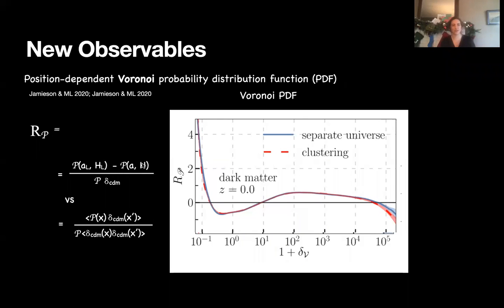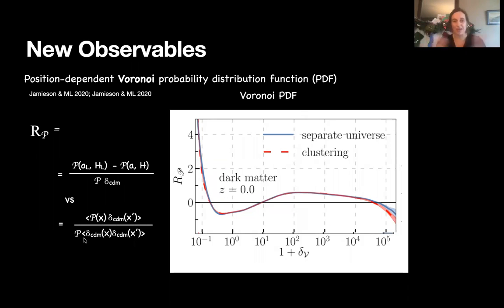Or you can measure this response quantity by comparing the spatial variation in the PDF and how that's correlated with spatial variations in the matter fluctuation, dividing out by the spatial variations in the matter fluctuation itself. So of course, we really do this in Fourier space and isolate the low-k limit of the bias.